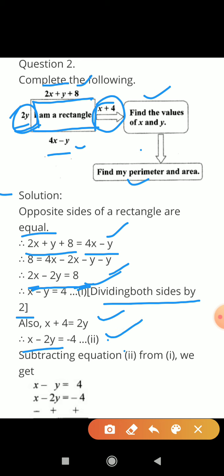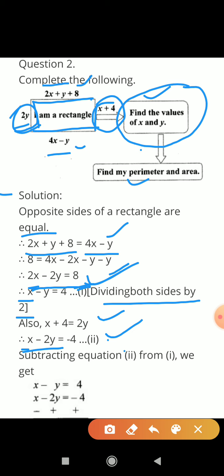So now we have to solve these two equations, the first equation and the second equation, and our first question is to find the values of x and y. So by solving these two equations we will get the values of x and y. Now see which is the same coefficient in the two equations. So x minus y equal to 4 and x minus 2y equal to minus 4; the coefficient of x is equal, both have coefficient one, and the signs are the same, that is the plus sign.